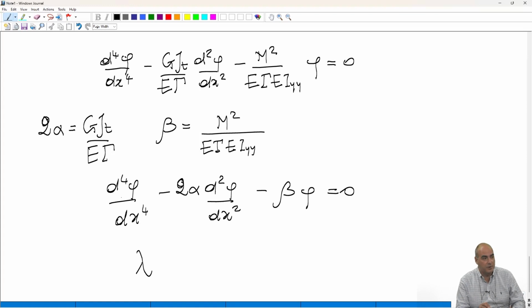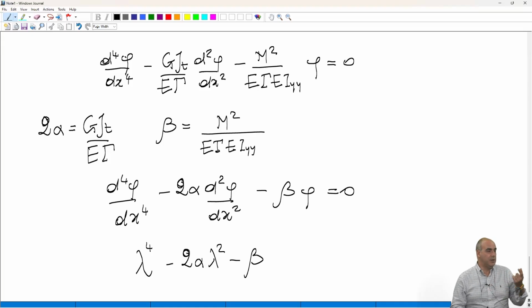So here we have the fourth derivative of phi. So we put lambda to the 4 minus 2 alpha lambda squared, because we have the second derivative, minus beta. Phi is the unknown function; we consider it as the derivative of order 0, so lambda to the 0 is equal to 1.